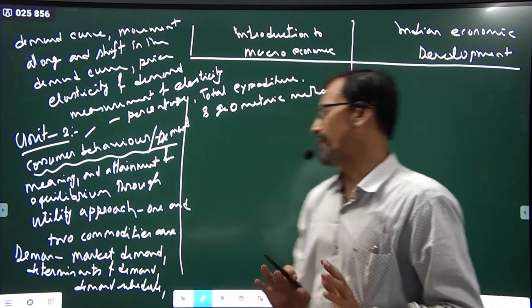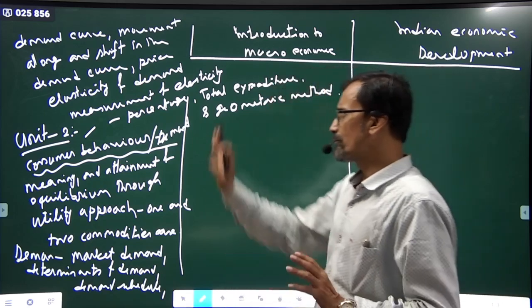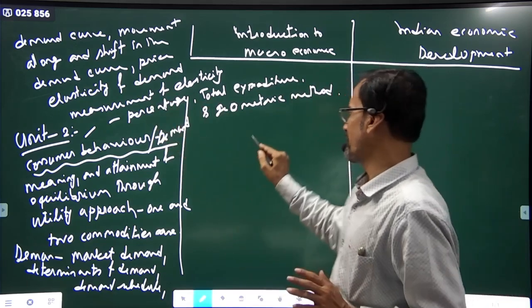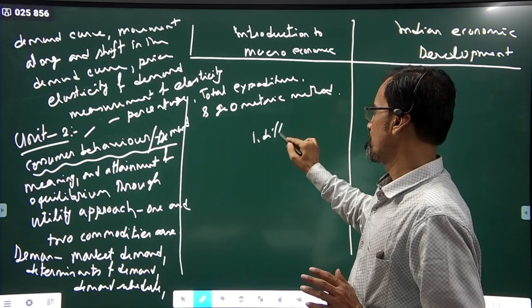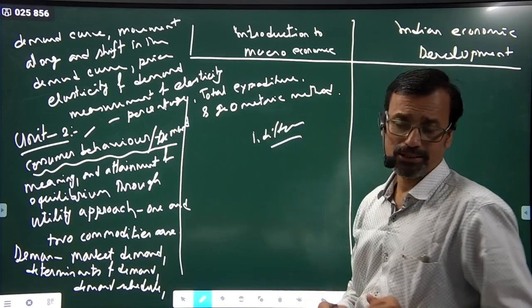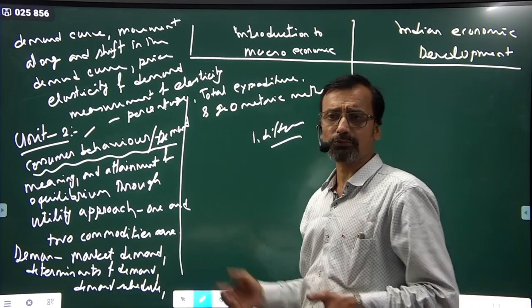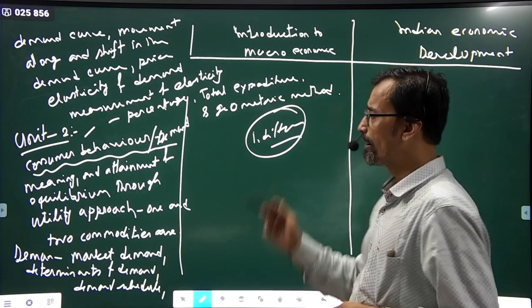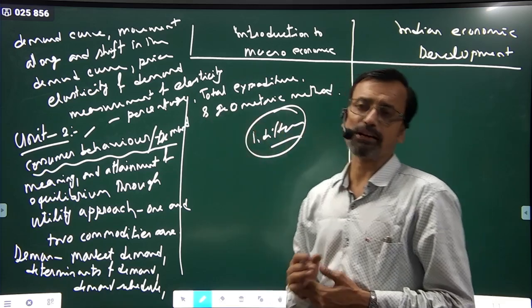But remember one thing here: there is no mention of the indifference curve approach. But sometimes it is seen that many questions come from the indifference curve chapter. So you have to follow this chapter also.